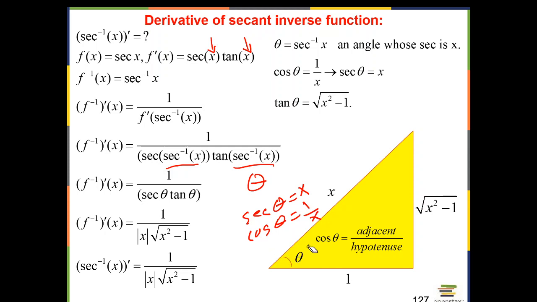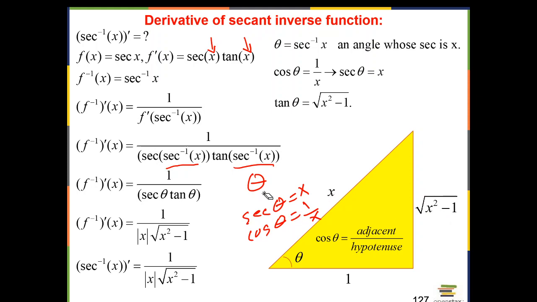So we're going to set up the triangle such that the cosine of this angle is 1 over x. So adjacent over hypotenuse has to be 1 over x. If this is 1, this is x, then this is the square root of x squared minus 1, right?